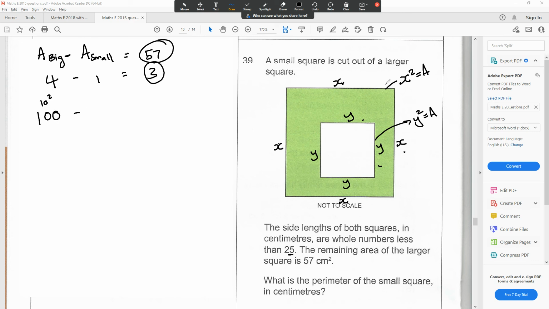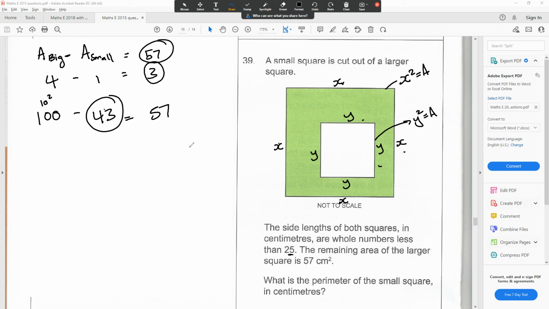And let's make the smaller one so that it ends up, it must actually be 43, right, to become 57. But 43 is not a perfect square. There's no number that you can multiply to get 43. So that's not possible to do.